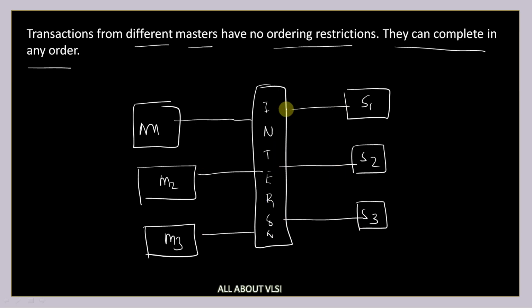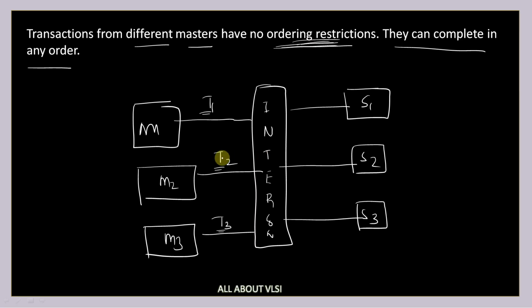Now, let's say the master 1 sends a transaction T1, first it is only going to send. Next, master 2 is going to send the transaction T2 request, and master 3 is sending the transaction T3. Now, it is the rule for the interconnect to select this particular T1 transaction or T2 transaction or T3 transaction, and there is no ordering restriction.